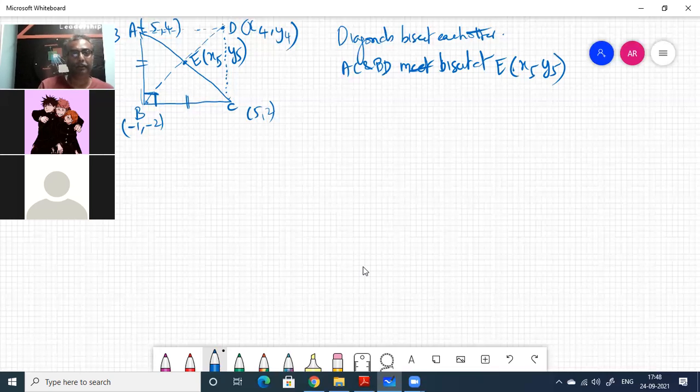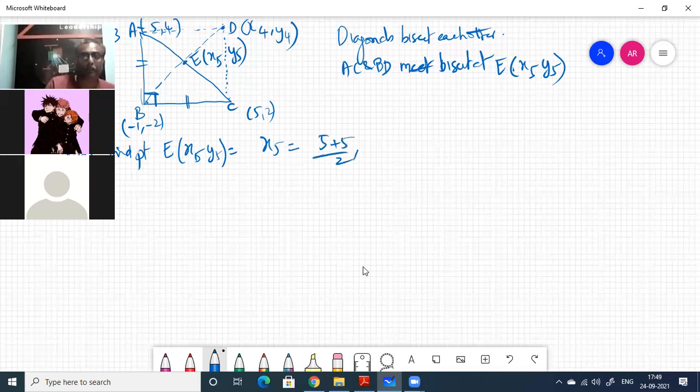That's how we should do it. First, from AC, A and C are given. You find the midpoint E. Then take the line BD, the other diagonal. In that line, B is given and E is given. You find D. That's all. Two steps you have to do. First, from AC, find x5, y5. x5 is equal to -5 plus 5 by 2, and y5 is equal to 4 plus 2 by 2.